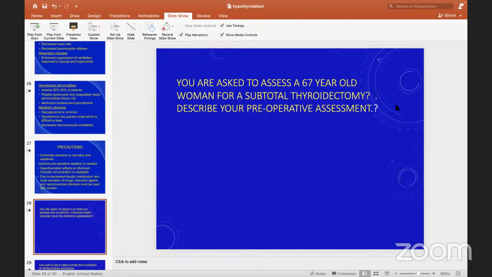So when coming to history, after the general history, specific to hypothyroidism, I will ask the patient for any history of lethargy, excessive tiredness, weight gain, cold intolerance, and decreased sweating, and also a general mental slowing of the patient, and any history of muscle cramps and aches.